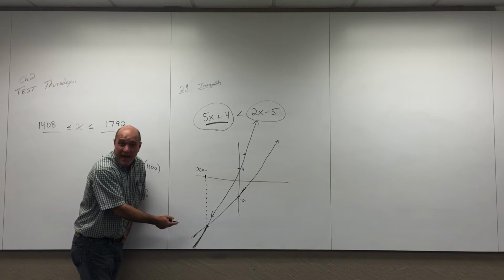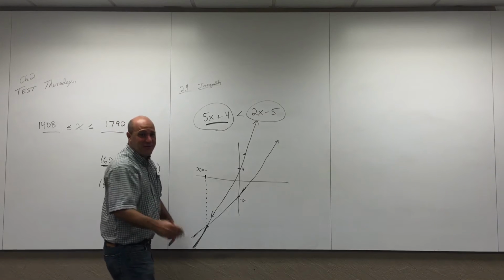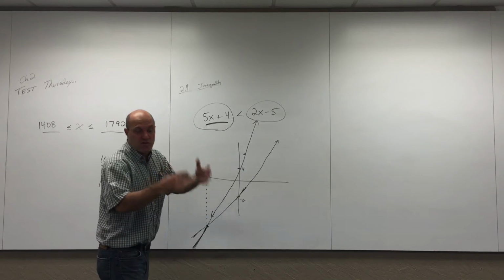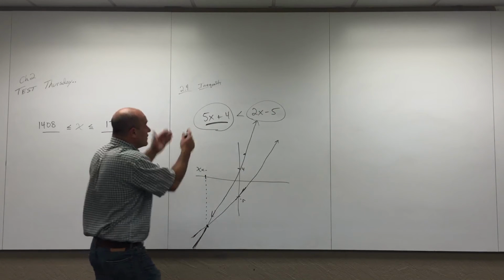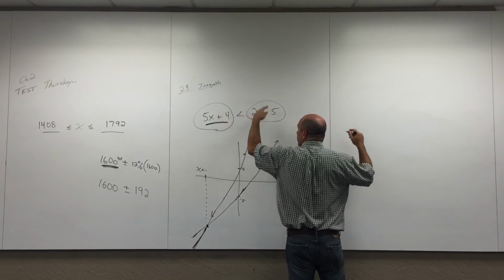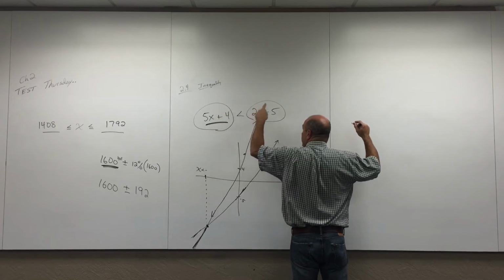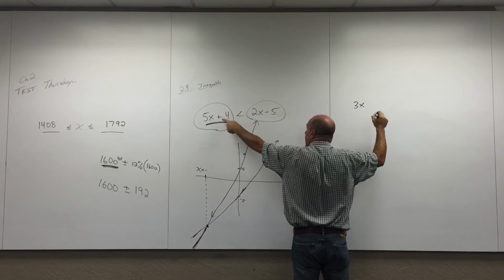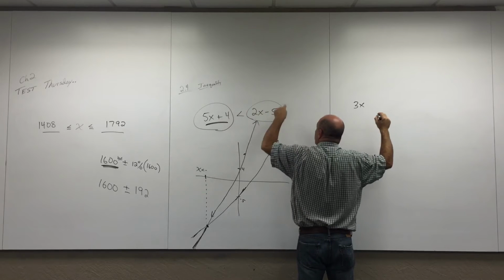Maybe I should just do some math. You wouldn't do this inequality like this. I'm trying to explain the computer's directions a little bit here. You would do this inequality like this. You would subtract the 2x. Subtract 2x, that would be 3x. I think I would move the 4 over, which means I'm subtracting 4.